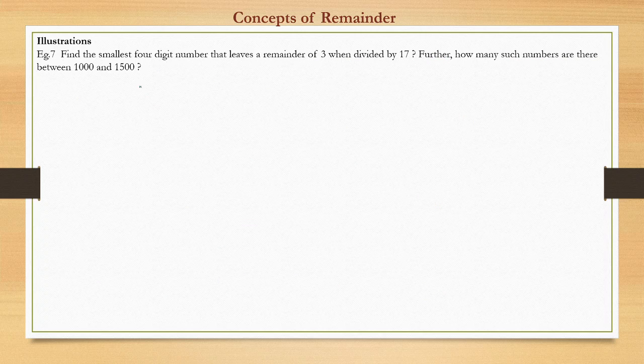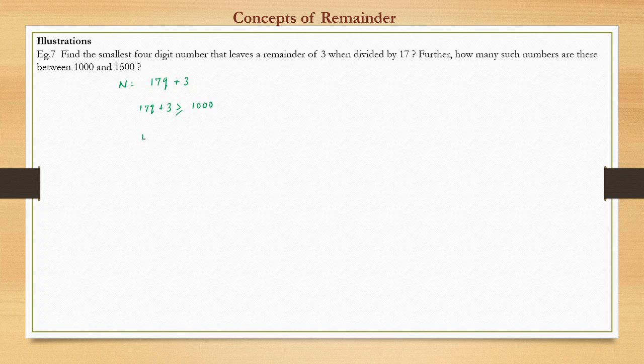Now let's see this question. Find the smallest 4-digit number that leaves a remainder of 3 when divided by 17. Okay, so we have to find a number which is a 4-digit number, but that has to be the smallest number which leaves a remainder of 3 when divided by 17. So let the number N be equal to 17q plus 3. Now 17q plus 3 has to be more than or equal to 1000, because 1000 is the least 4-digit number, right?